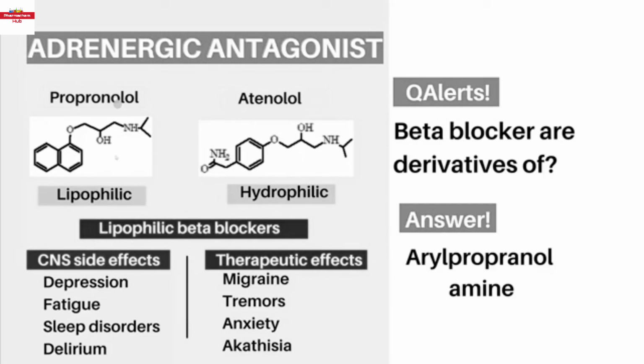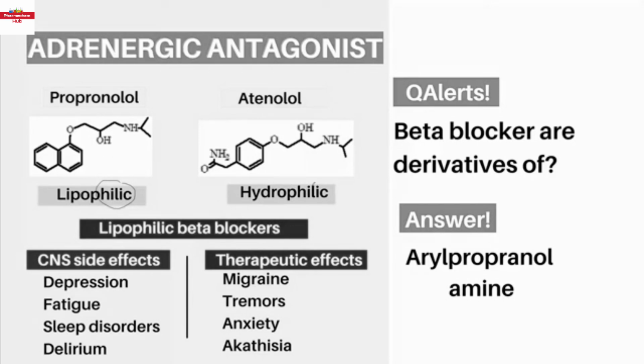Propranolol, which is non-selective, is considered more lipophilic. Philic means loving, so lipid loving means it is more lipid soluble. When it is more lipid soluble, it can cross the blood-brain barrier and can cause more CNS effects, or nervous system effects.